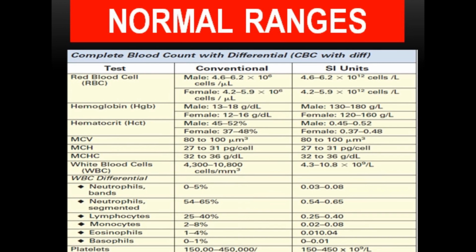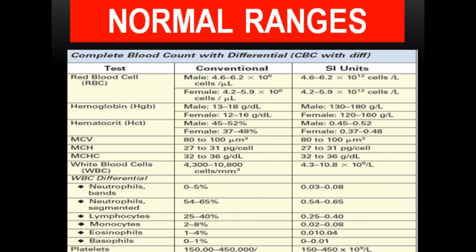Mean hemoglobin concentration in average RBC is about 27 to 31 picogram per cell, and mean concentration of hemoglobin in average blood cell is about 32 to 36 gram per deciliter.